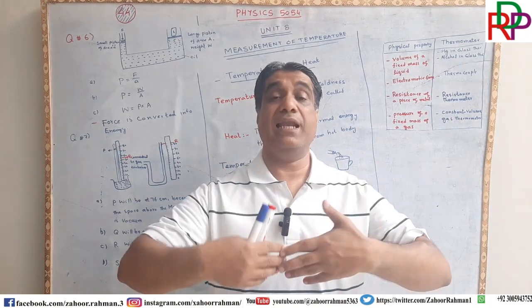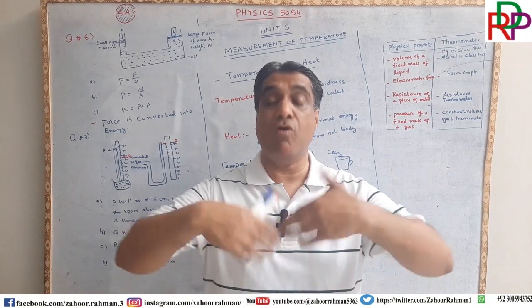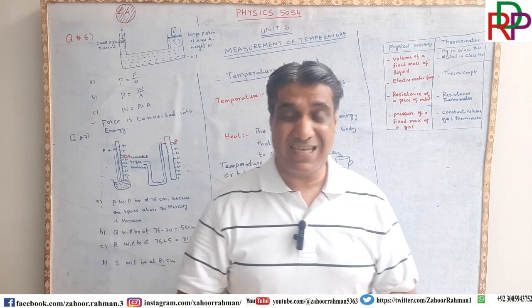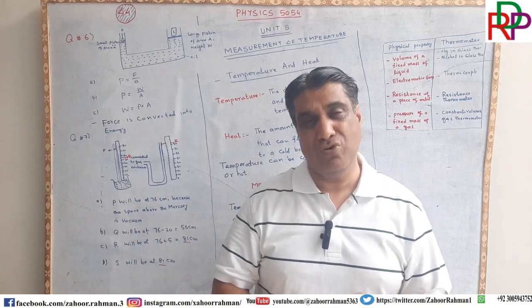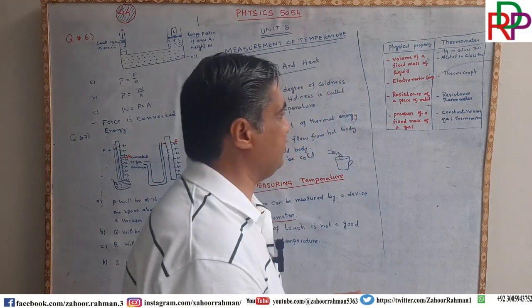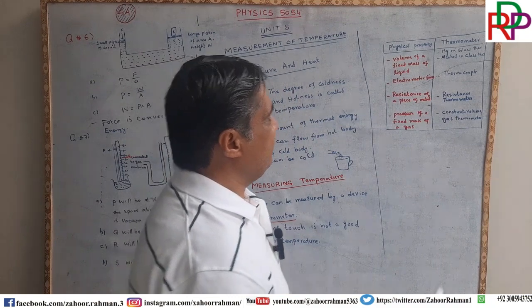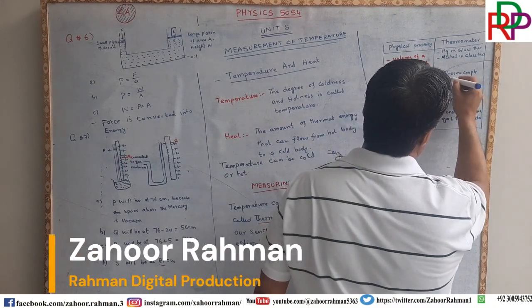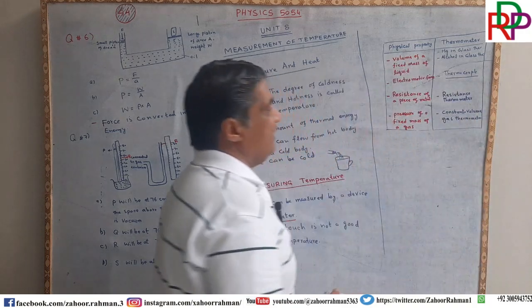Electromotive: electro means electron, motive means motion. So there is an energy used to move the electron, that is called electromotive force, EMF.